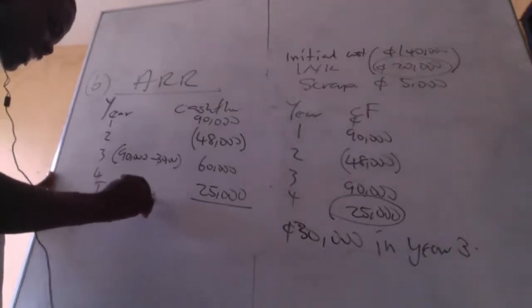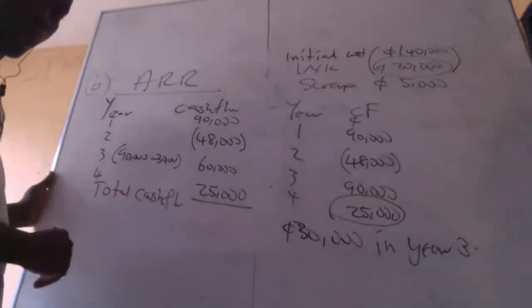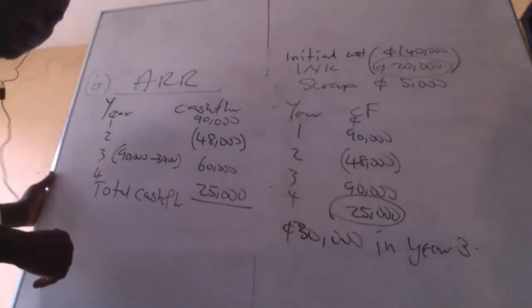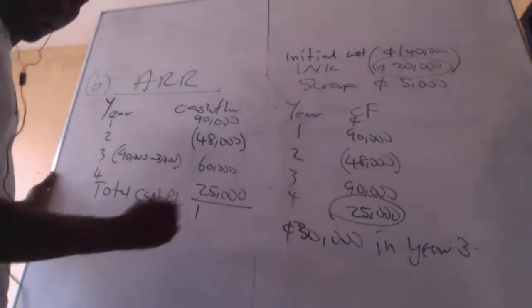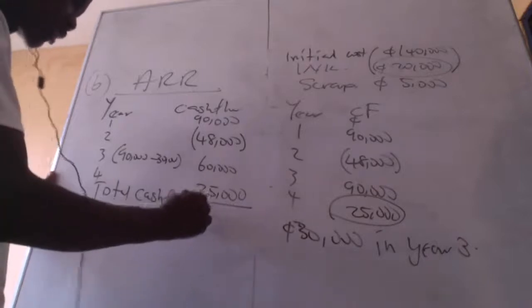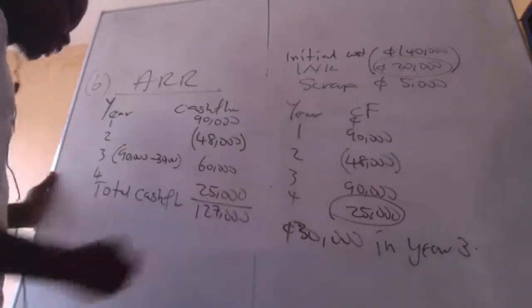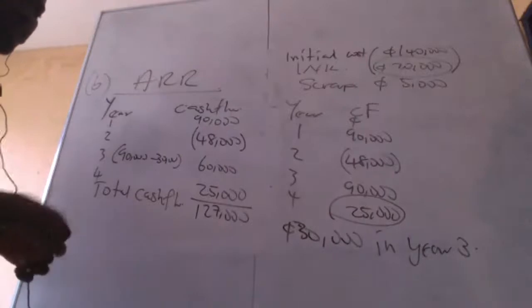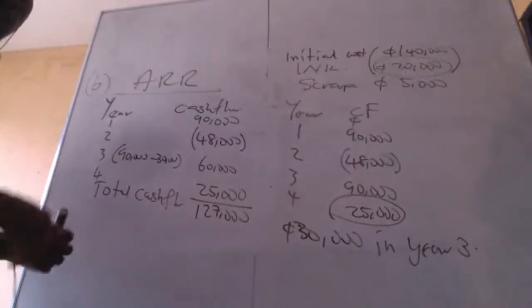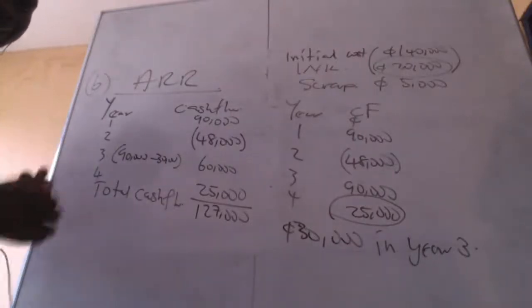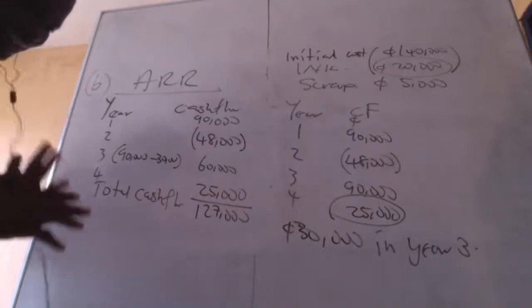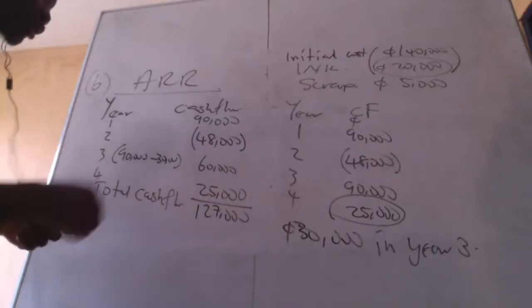Total cash flow, 127,000. Then we have to convert this cash flow to what? Profit, because accounting rate of return does not use cash flow. It uses profit.